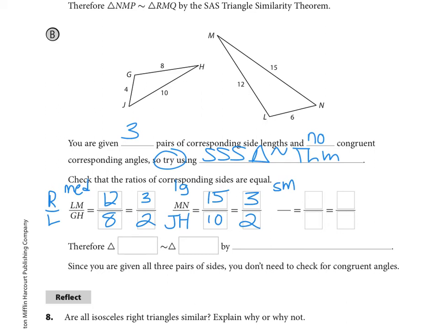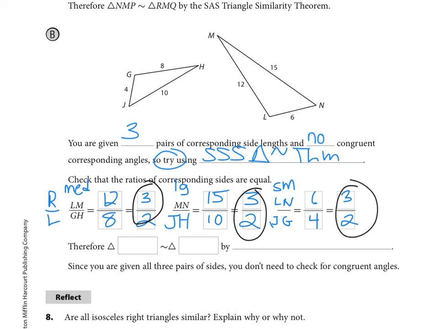The numerator's right-hand side length is LN, and the denominator's left-hand shortest side length is JG, which is 6 over 4, and that also simplifies down to 3/2. So looking at all the simplified versions of our side ratios, they are all the same, and therefore we can go ahead and write in and complete the similarity statement.